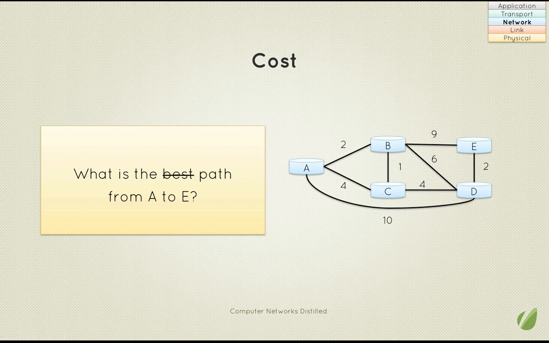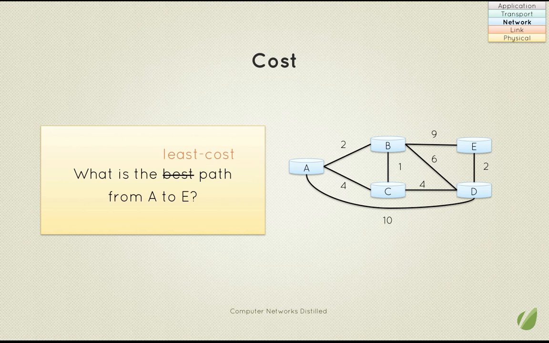What do I mean by best? Well, more precisely, we are interested in the least cost path. We're imagining that we've assigned every link some value. This might represent distance or some other cost metric. It might be related to bandwidth or congestion, or it might just be distance.